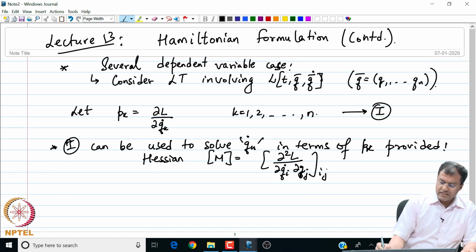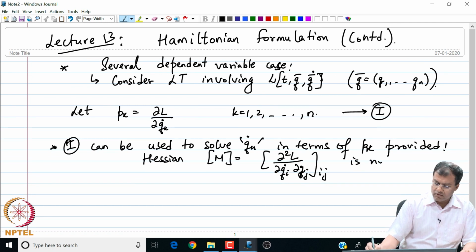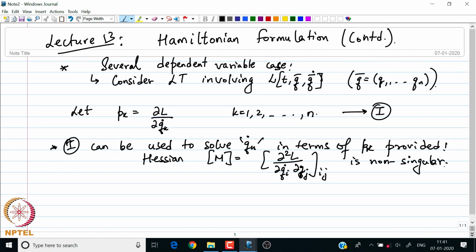This is my ijth element. So, this Hessian matrix is non-singular, or it has non-zero determinant. This is the standard inversion argument for functions of several variables.